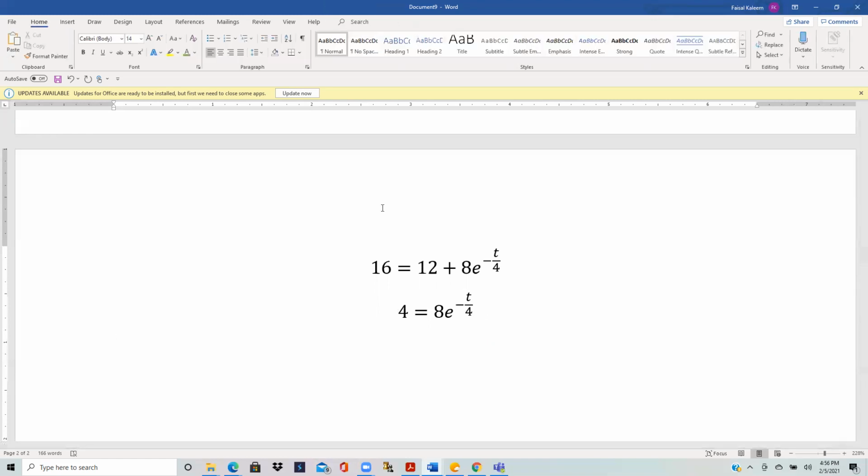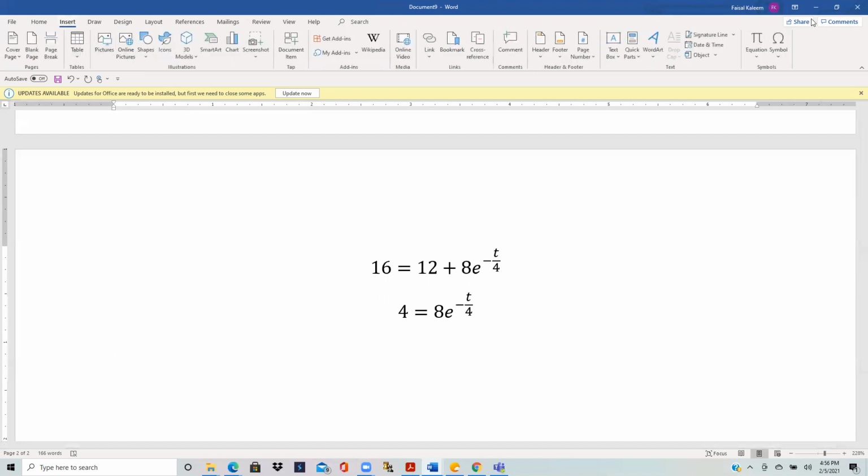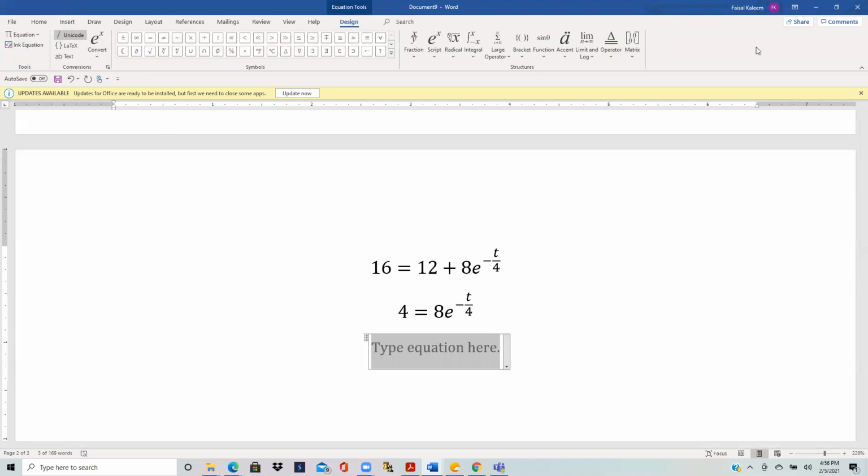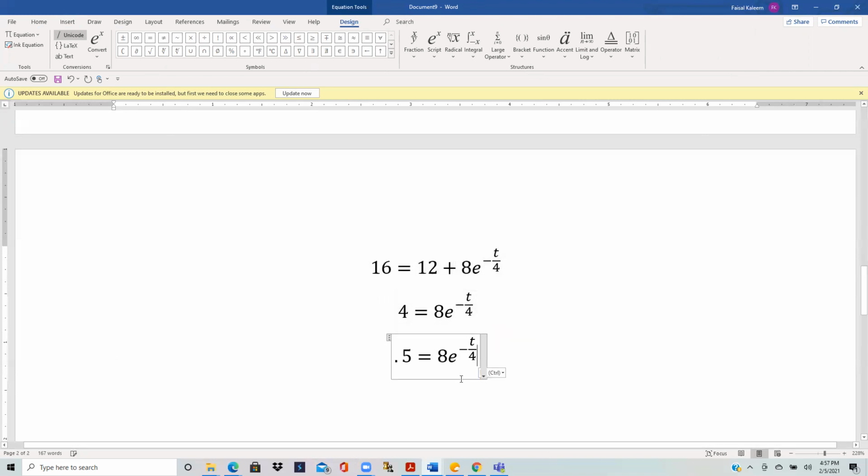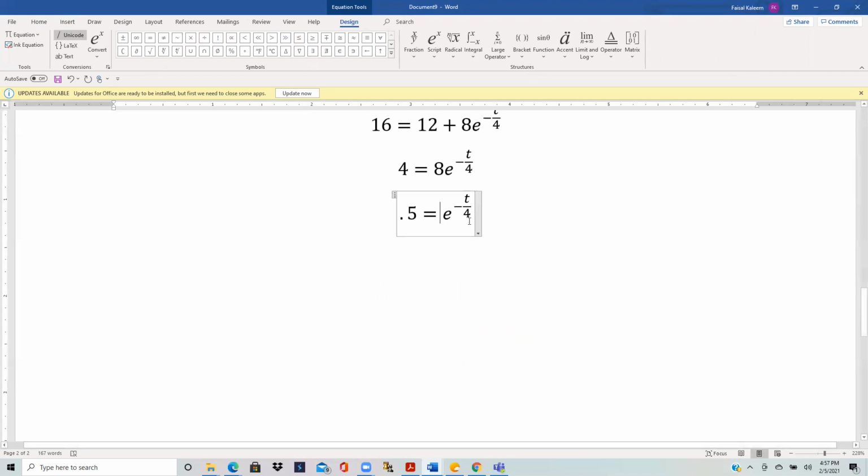So you will get 0.5 is equal to e to the negative t over 4. And now take ln. ln 0.5 equals negative t over 4.